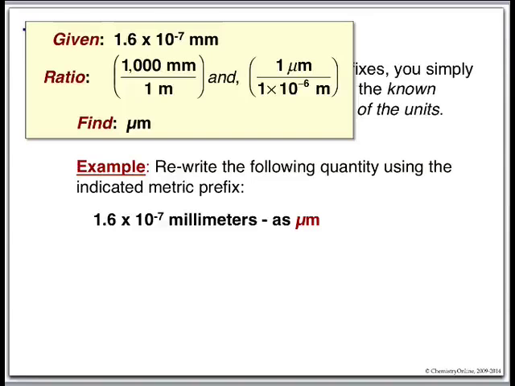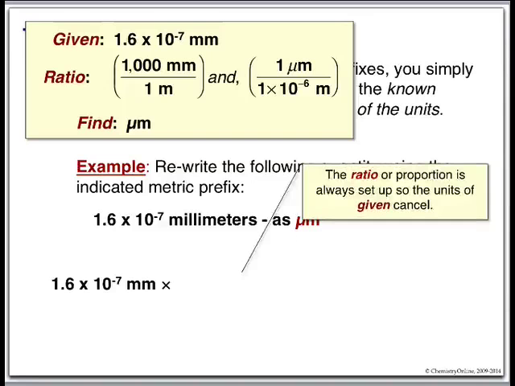Micro is 10 to the minus 6. We could say 10 to the minus 6 meters is the same as 1 micrometer. Write our given. Our first ratio must have millimeter in the denominator.